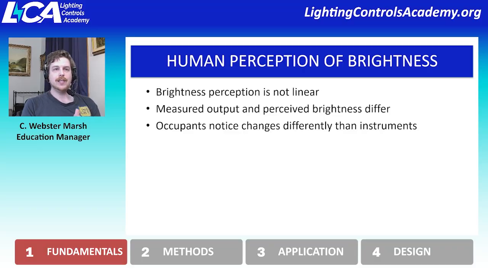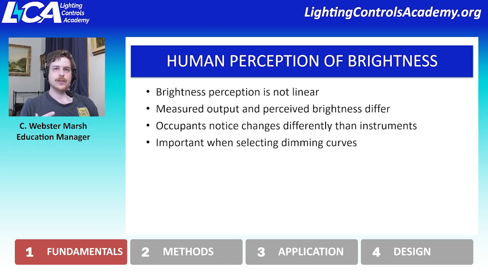And so even though you're adjusting the instruments, the fixtures, the zone in a linear format, 100%, 90%, 80%, 70%, we actually don't really view lighting in that same way. And so when we're selecting dimming curves, which we'll talk about in a moment, we want to make sure that we're keeping in mind that people don't function in that linear format. And so that's why we have other kinds of dimming curves available.